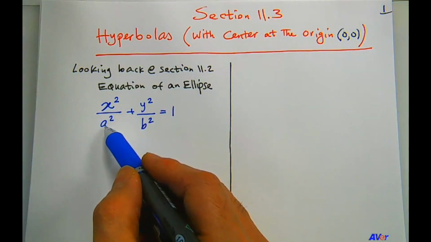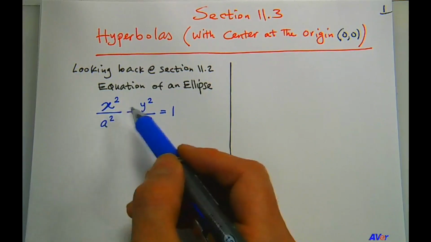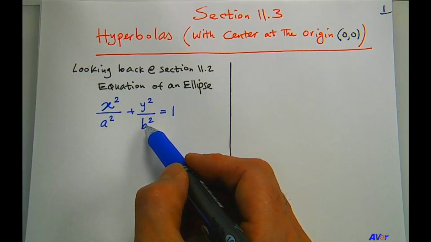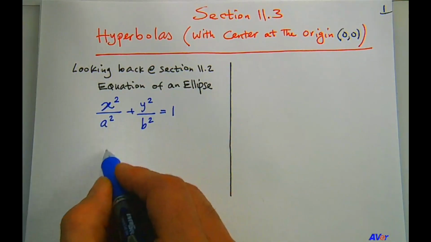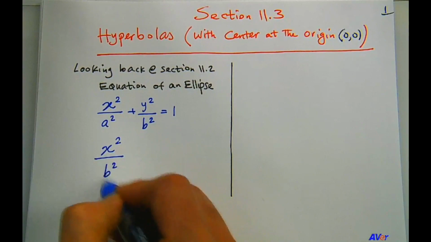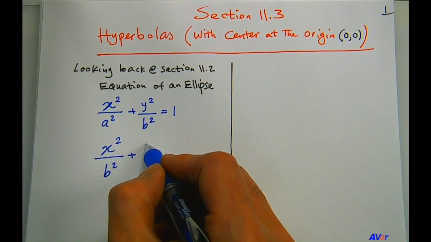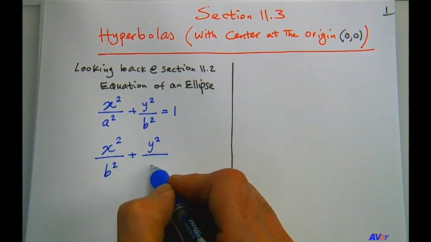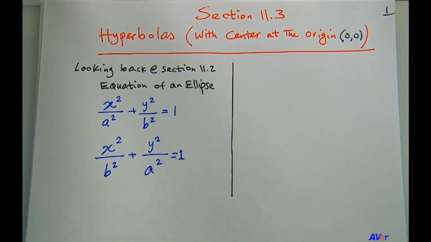And notice that a squared was always associated with the major axis, and b squared was a quantity associated with the minor axis, right? Now we could switch these denominators. We could do x squared over b squared, which is associated with the minor axis, plus y squared divided by the quantity associated with the major axis, equals 1.